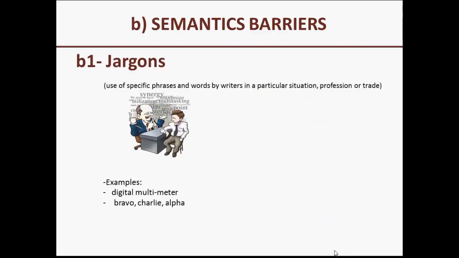Alright, so jargons: use of specific phrases and words by writers in a particular situation, profession, or trade. Example, digital multimeter, Bravo, Charlie, Alpha. Who can tell me about Bravo, Charlie, Alpha? Probably you heard it before. Usually code in the army.